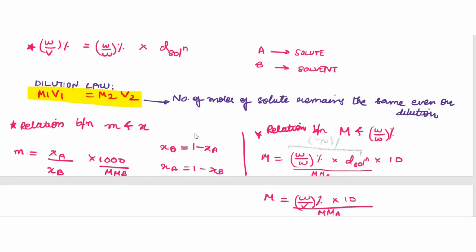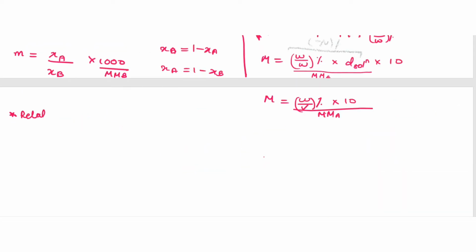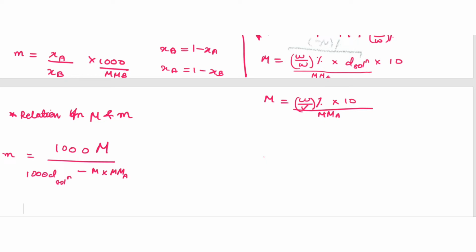Next shortcut, finding the relation between molarity and molality. Molality is equal to 1000 into molarity by 1000 into density of solution minus M into molecular mass of solute, where M is molarity. So small m is equal to 1000 M by 1000 D minus M into MMA.